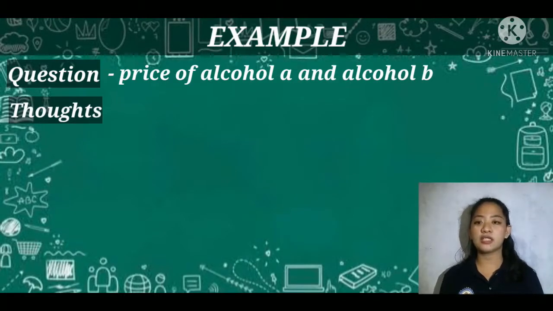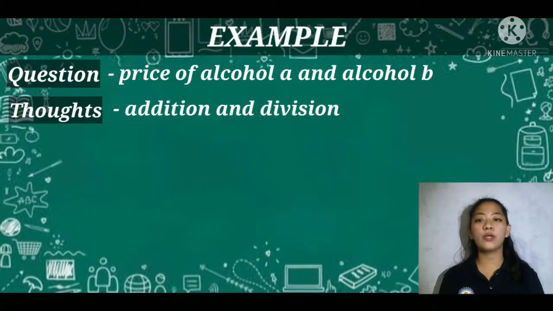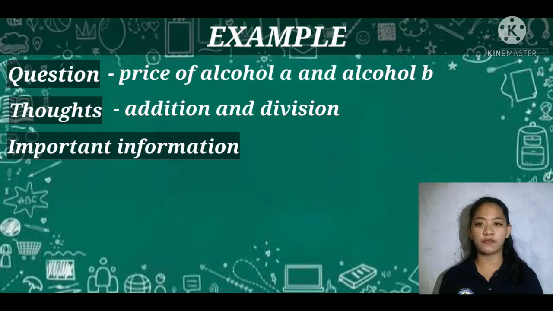The second is thoughts. What are the operations that we will have to use? Since our problem stated that alcohol A is half more than alcohol B, we are going to use addition. And since there are missing values, we are also using division. The third step in Q-tips is important information.